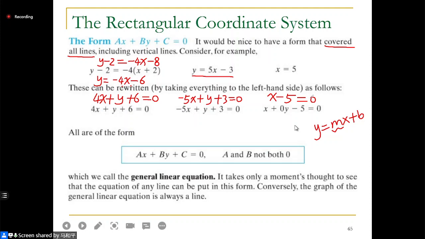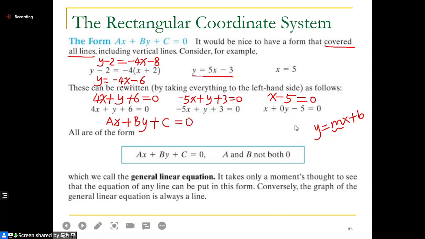And all are of the form here. 4, we know the convention is a, so we write a general constant a, this is x, plus this is 1, a general constant we write b, plus this is 6, you can write a general constant c is 0.